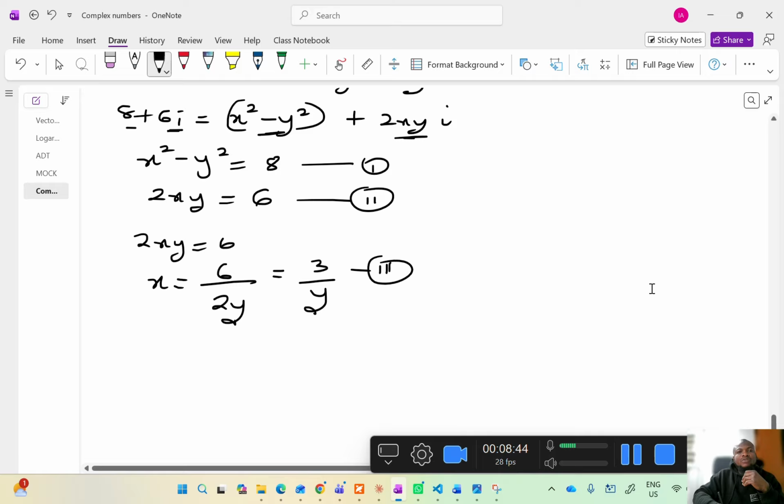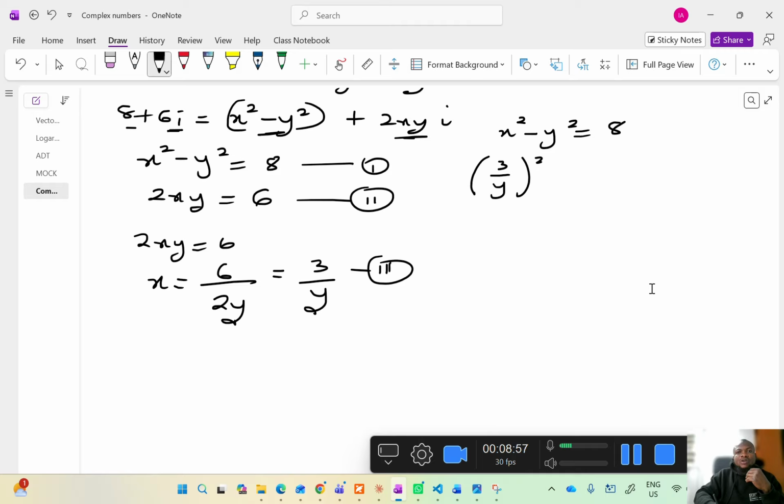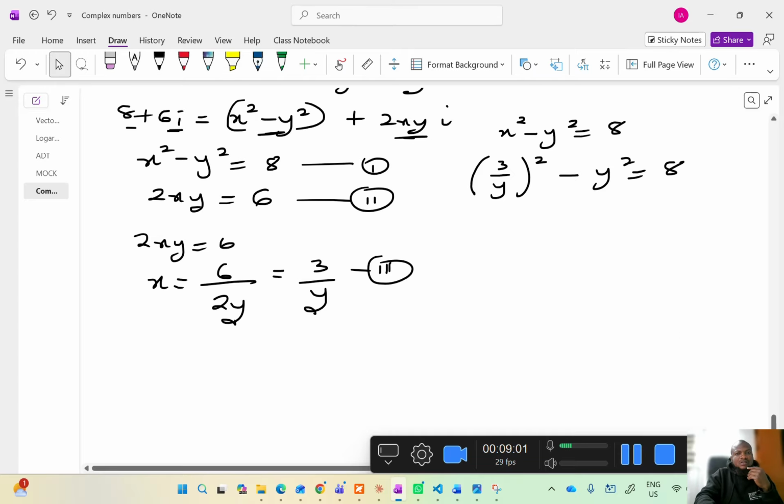Then I can substitute the value of x into equation 1. So that means from equation 1, x squared minus y squared is equal to 8. So x becomes (3 over y) squared minus y squared is equal to 8. Okay?